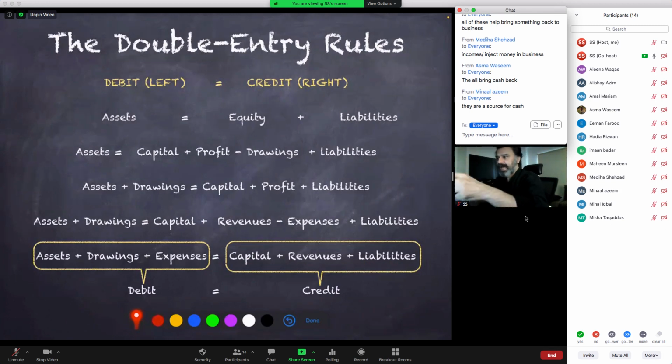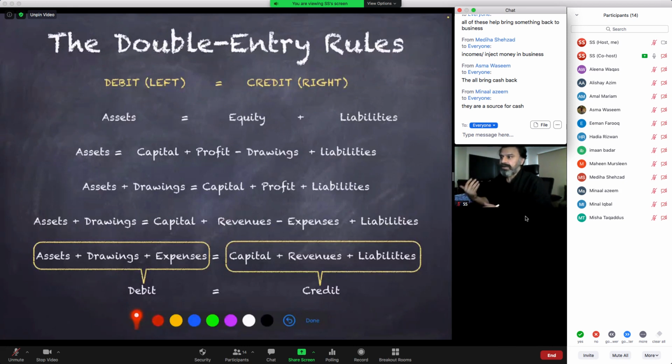When you use the term cash in your answer, Minal and Asma, cash is not necessarily required. Capital does not have to be injected in the form of cash. The owner can invest his personal motor vehicle in the business. In that case, the business is getting an asset. That's the upside. And the downside is the business owes to its owner.